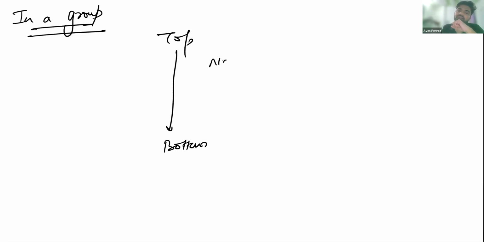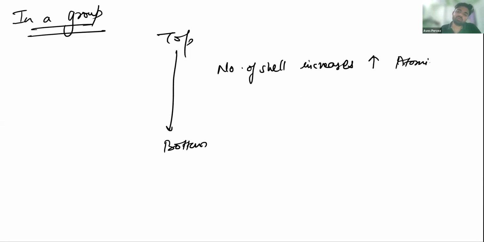As we go from top to bottom, the number of shells increases. Got it? Then the atomic size will also increase.